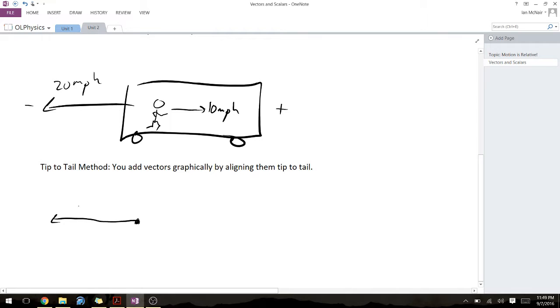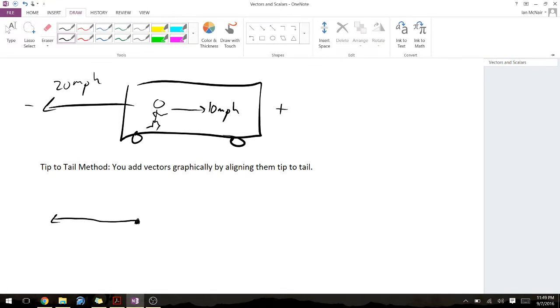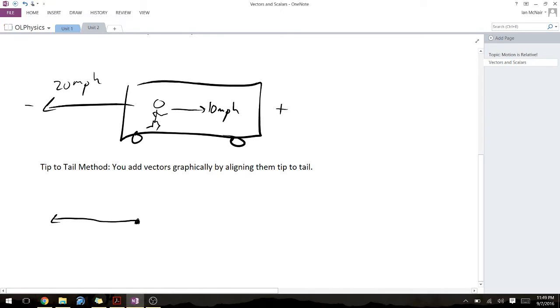And then I'm going to use a different color. Our 10 miles per hour comes back something like this, right? If I were to add different types of vectors together, they would kind of manifest themselves looking like this. So we have this is the tip, this is our tail.